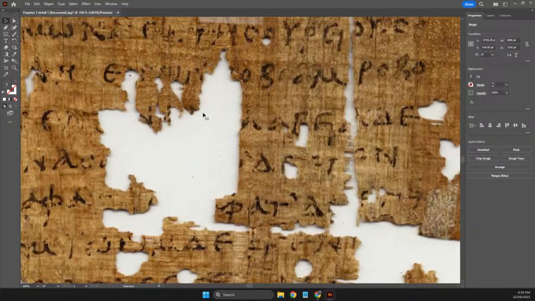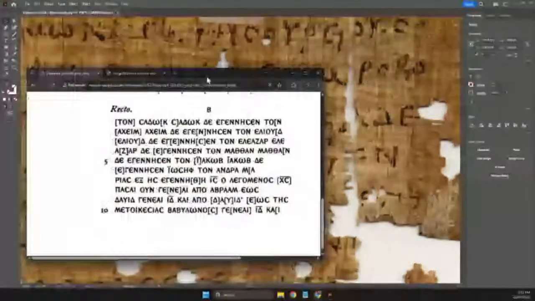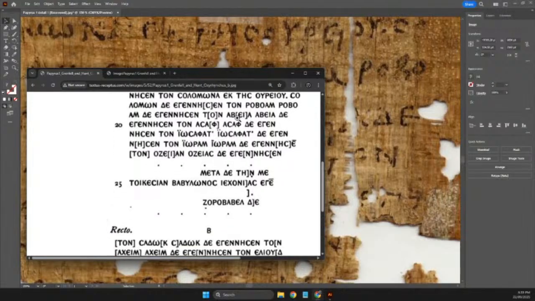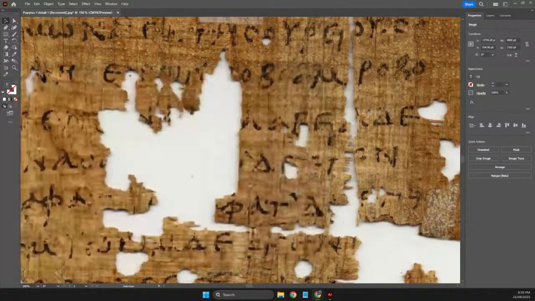Now it does say on their sheet that for the Abia here, only the epsilon and the iota were missing. And then it repeats the name pretty much straight away, showing you the spelling. But there is quite a lot more missing here. So let's just say egenesen, ton, and then Abia. And maybe that's the end of the Abia.